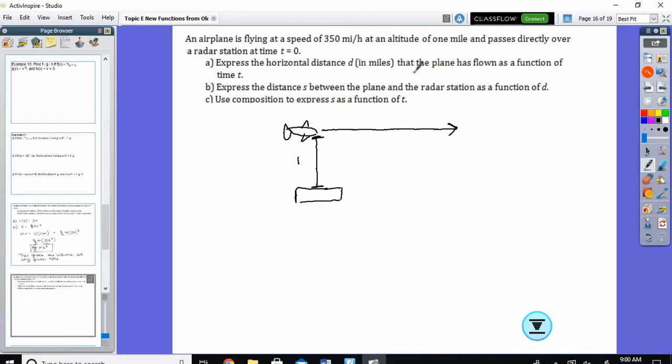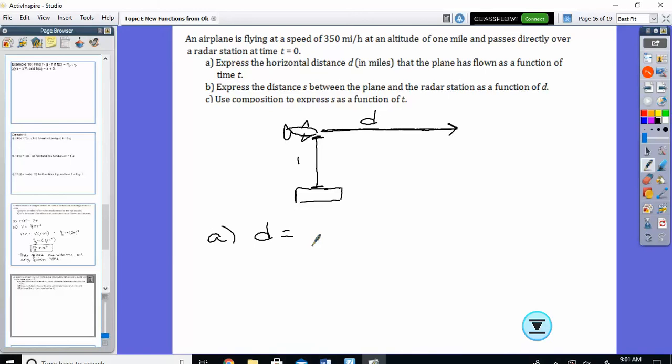I want the horizontal distance the plane has flown as a function of time. So I want some kind of expression for this side. What would I call that? So this is my side d. How could you quickly find how far it's flown? So at time 0, it's flown 0.